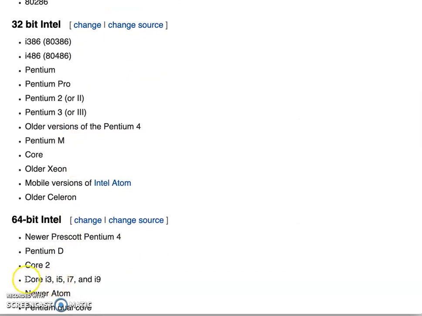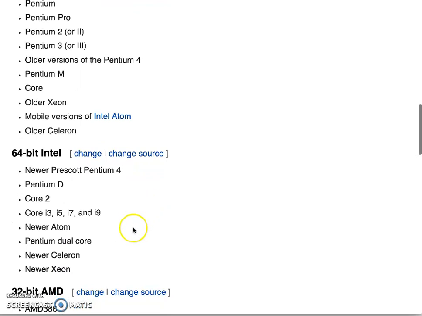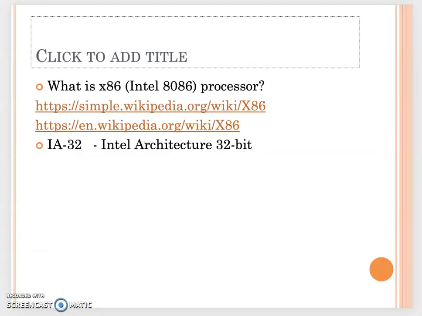Most of us use Core i3, i5, i7. Even some of you may have i9. That will be the 64-bit environment. That is why, with those bit environments of x86, we are talking about the hardware. That is why in chapter 2 and chapter 3, we will talk about a lot of hardware processes.